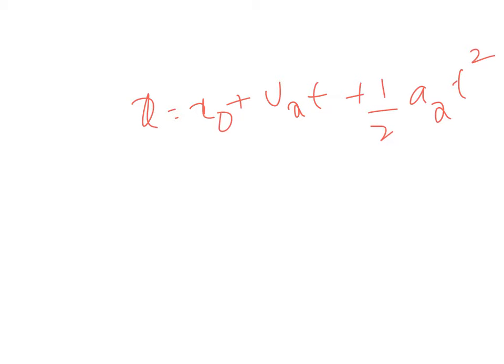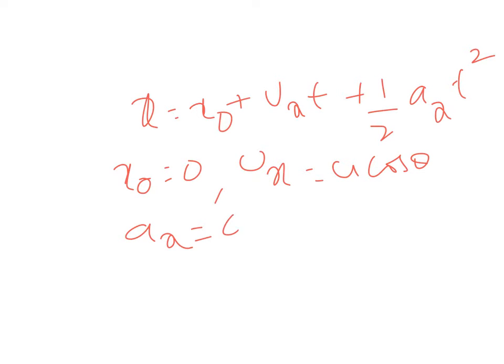So x is equal to x naught plus uxt plus half axt square, where x naught is equal to 0. We take ux as u cos theta, as shown in the figure, and ax we are taking as 0.